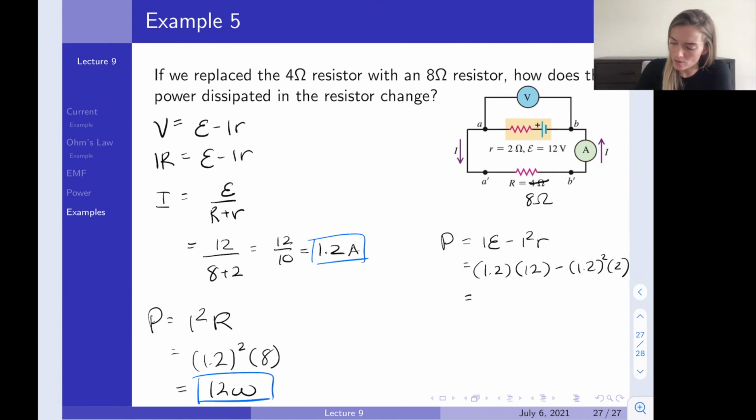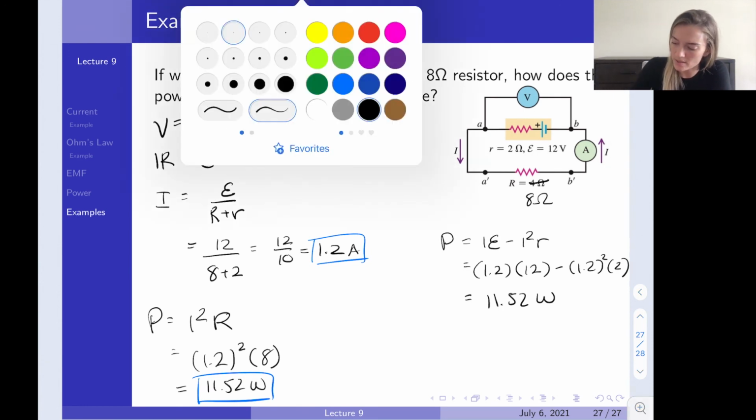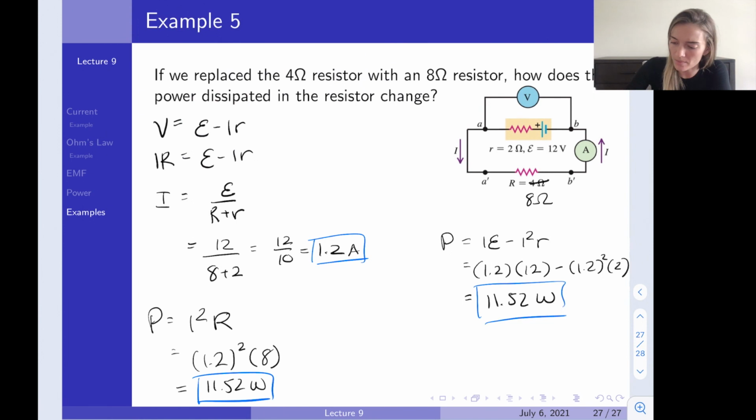This comes out to, technically, 11.52 watts, which I should not have rounded. 11.52 watts here and 11.52 watts there, or 11.5, whatever you want. So our power is the same, as we would physically expect. Always make sure you do sanity checks on your work, especially with these problems where it's very easy to make a mistake.